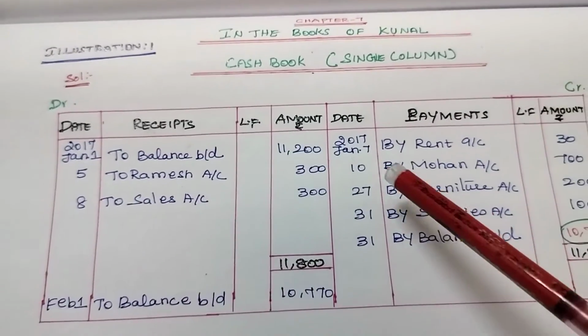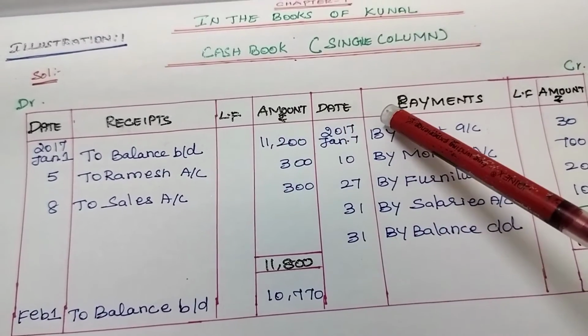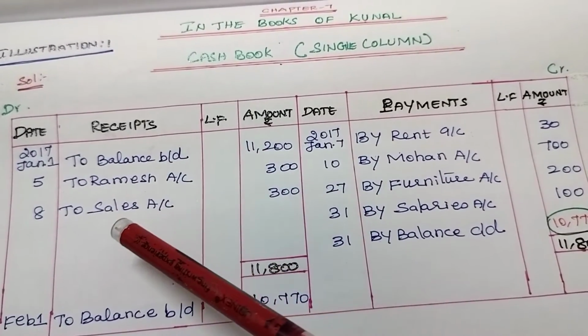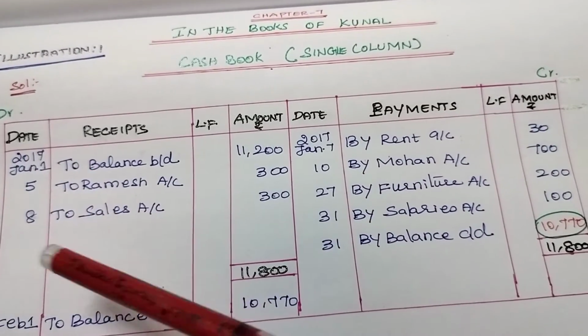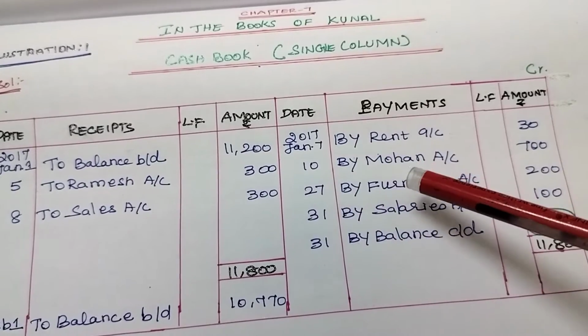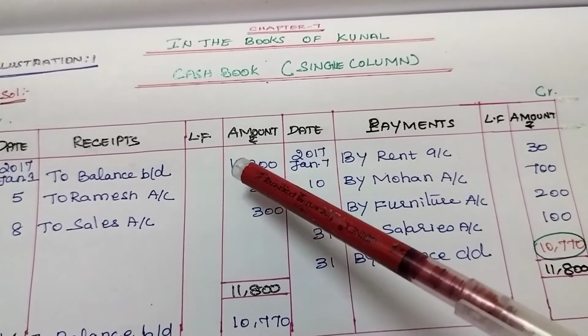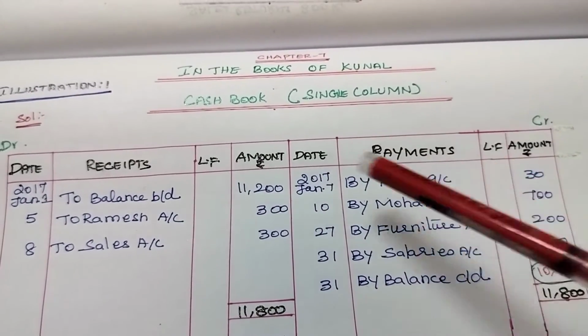The format of the single column cash book is divided into two parts, like ledger accounts. The left hand side we call the debit side, which means debtor, and the right hand side we call the credit side, which means creditor. The debit side contains 4 columns and the credit side also contains 4 columns.